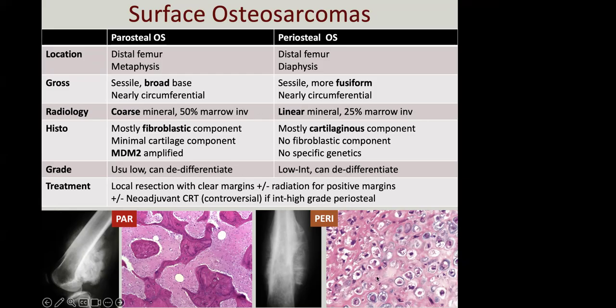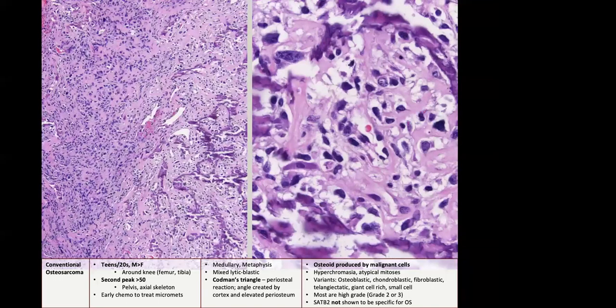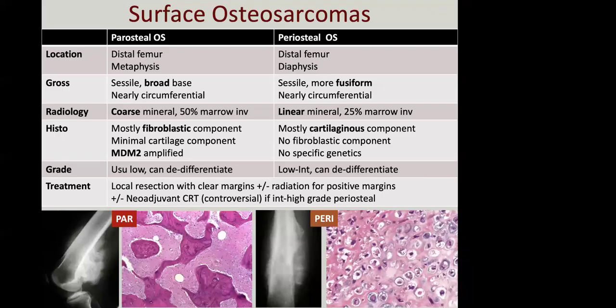Periosteal is more of a chondroblastic osteosarcoma of low or at most intermediate grade, usually. These generally are treated primarily with resection, with clean margins, as opposed to the conventional osteosarcoma, which you just saw, which is treated with neoadjuvant chemo because it's highly chemosensitive. These two are not. So generally resection is primary.